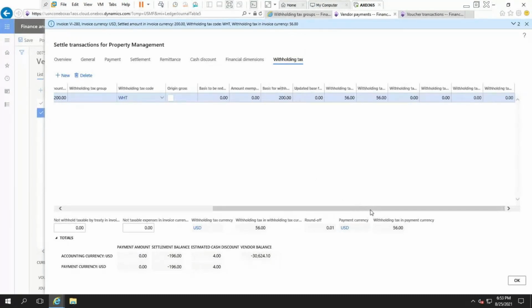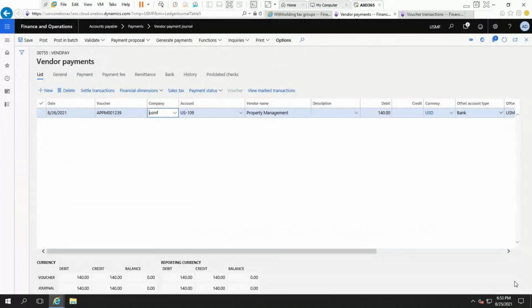It is calculated as 56. 28% we have mapped, so $56. Now, if you click OK, how much amount is coming? Look at this one. Cash discount is $4 and 56 is tax. Then total 60; 200 minus 60 is 140. You are going to pay only $140.